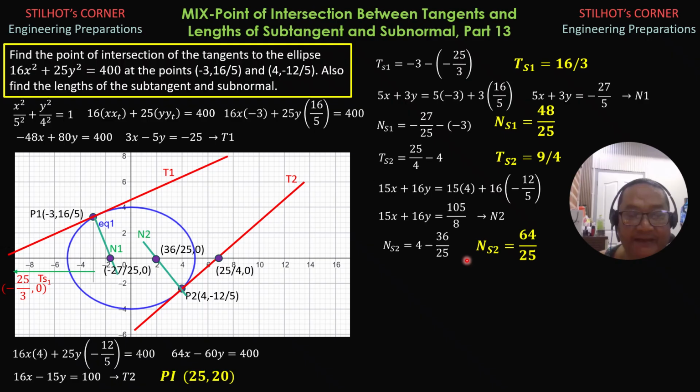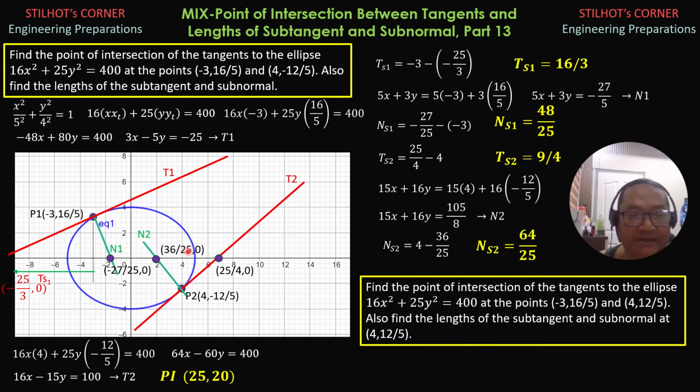Another way of finding the length of the subnormal 2 is using the formula: slope of tangent 2, which is 16 over 15, times yt, negative 12 over 5, but absolute value. 16 over 15 times 12 over 5, absolute value, is 64 over 25.